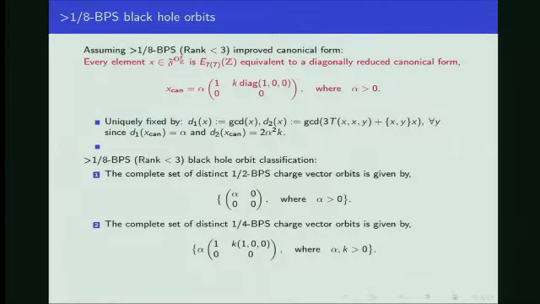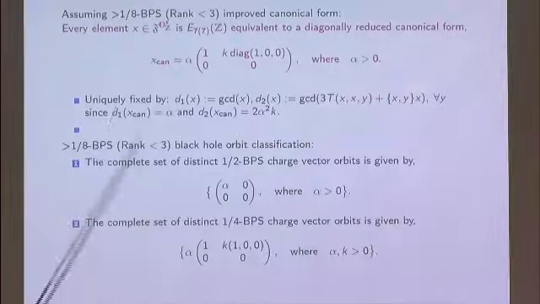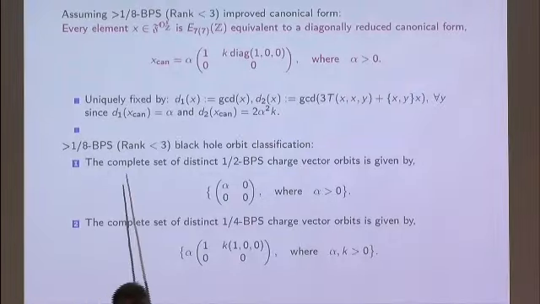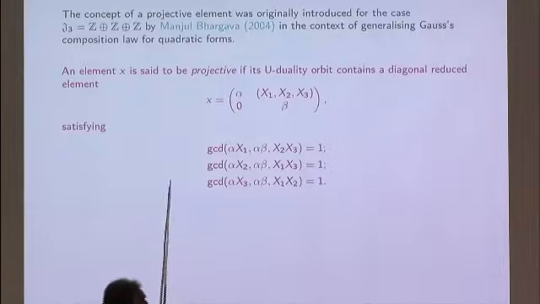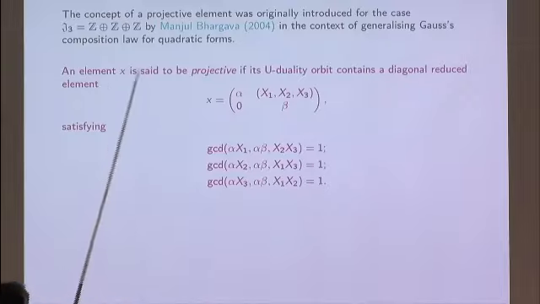Now, as I said, you have to take my word for it that in the case of greater than 1/8 fraction of supersymmetry, knowledge of these invariants is enough to recover the black hole uniquely, so you can classify them according to the values of these invariants, but not in general, not for the 1/8 case, except in what are called projective black holes.